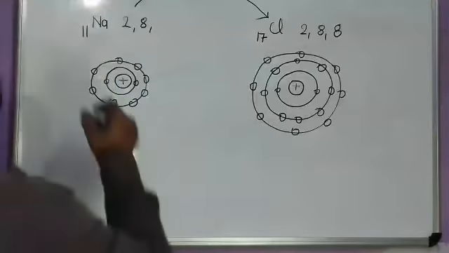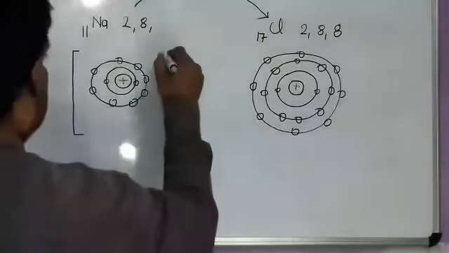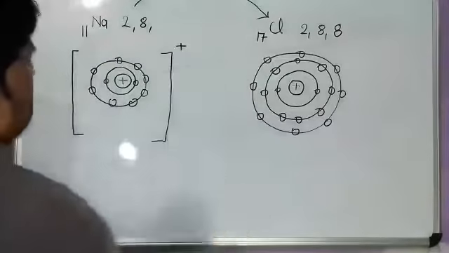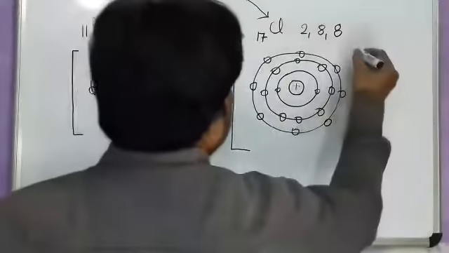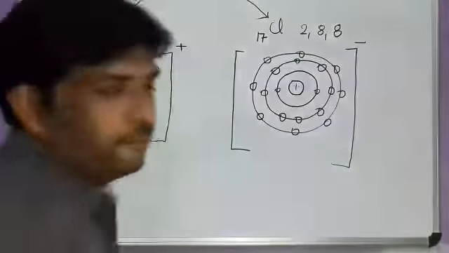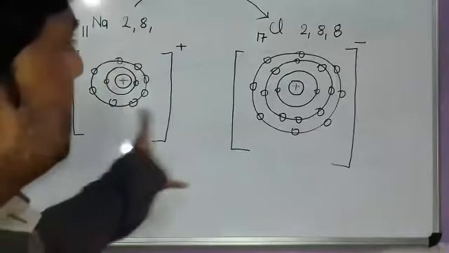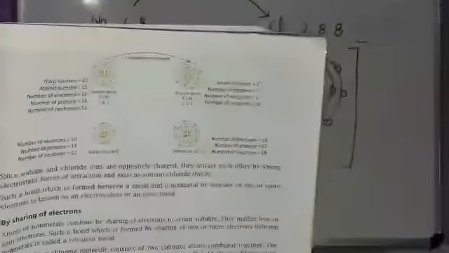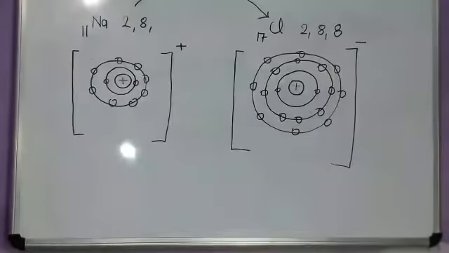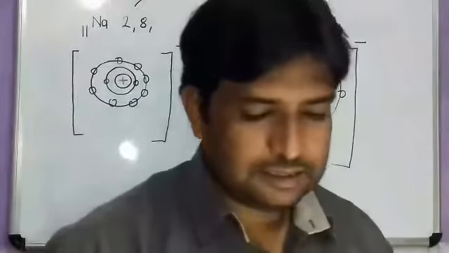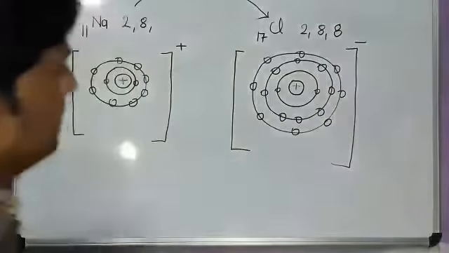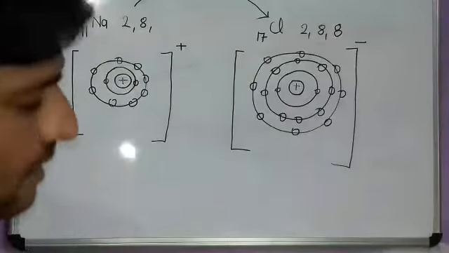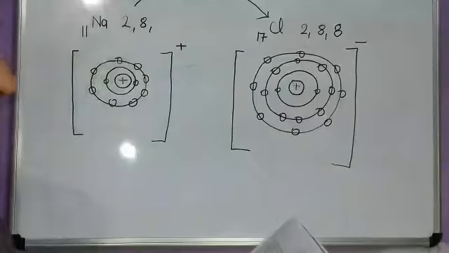Here is plus 1 charge and here is minus 1 charge. According to your book, sodium donates 1 electron. This is the structure after donating and gaining of electrons.